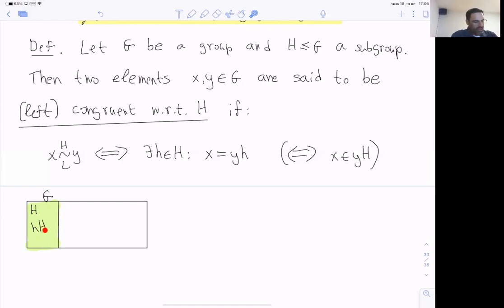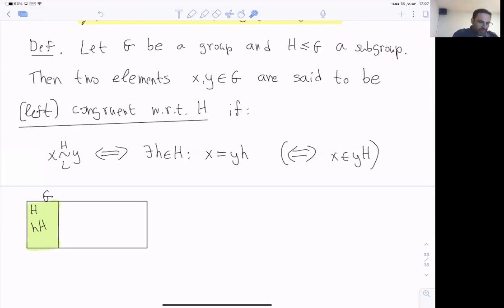So any output of H with another H is again in H. So little hH is actually H, maybe in another order of the elements, but it's the same set of elements.